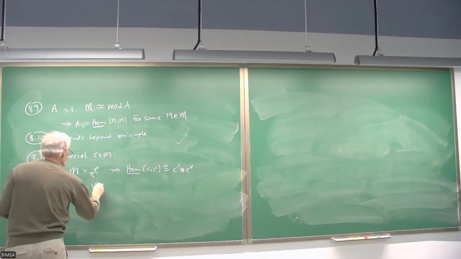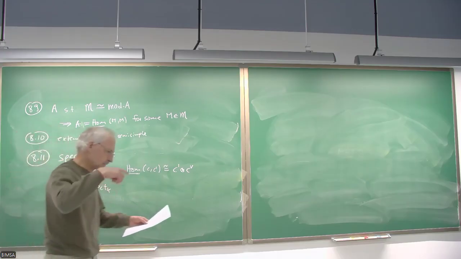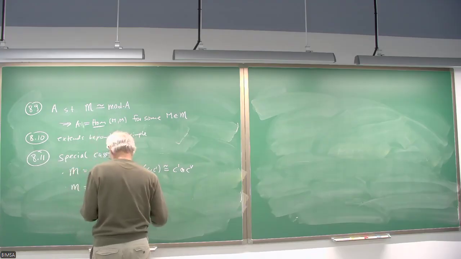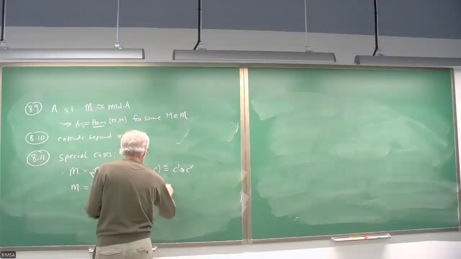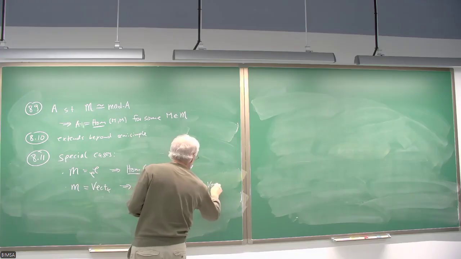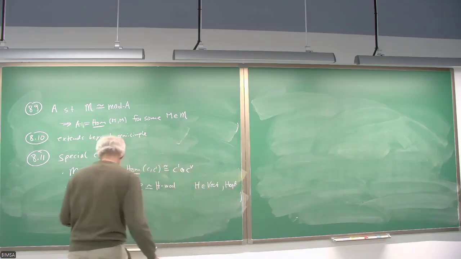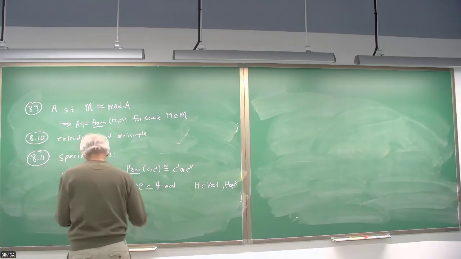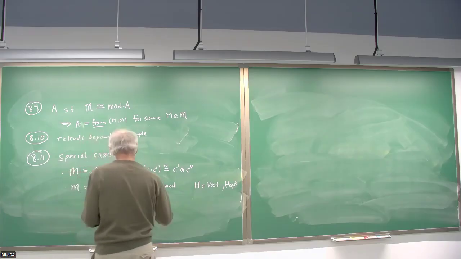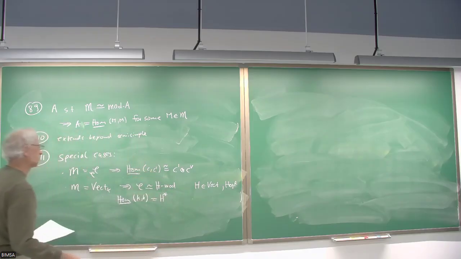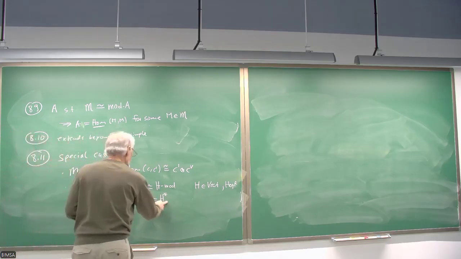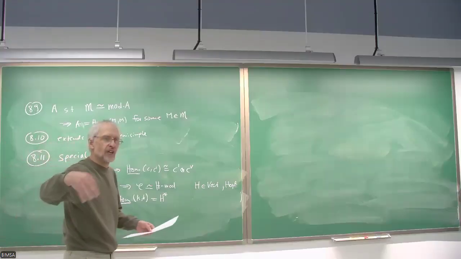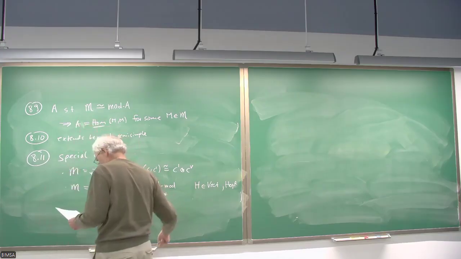If M is vector spaces, so this is a situation where we have a fiber functor from C to vector spaces, then C is equivalent to the category of modules over some Hopf algebra in K, and in this case, the internal hom of the one simple object that we have, the tensor unit, is just a dual vector space H* endowed with the natural algebra and H-module structure on this dual vector space.